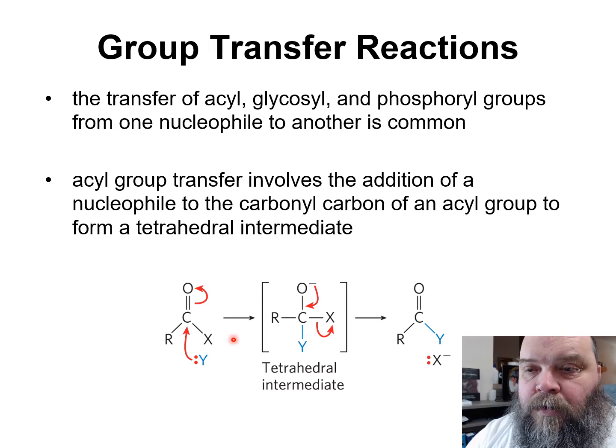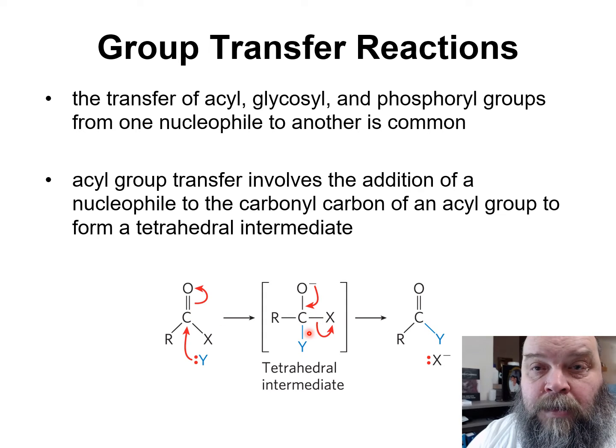X is some other group there. Could be a methyl group, could be a continuation of whatever. R is the majority of whatever this molecule is. You have a nucleophilic attack here by Y against this carbon, which is going to be electrophilic. It's going to say, yes, please come.